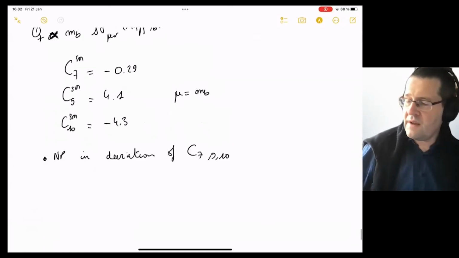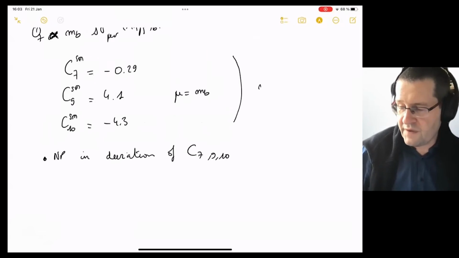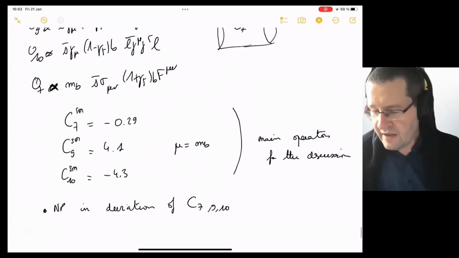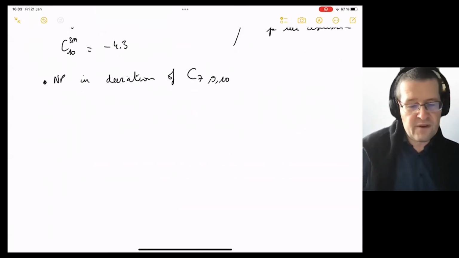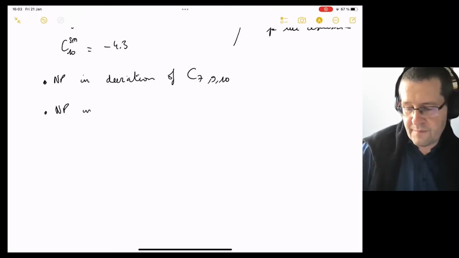So let me just add that, so these are the main operators for the discussion, but actually, as we will see, this is not exactly the end of the story. So new physics in deviation of C7, C9, and C10, or you can have additional operators.